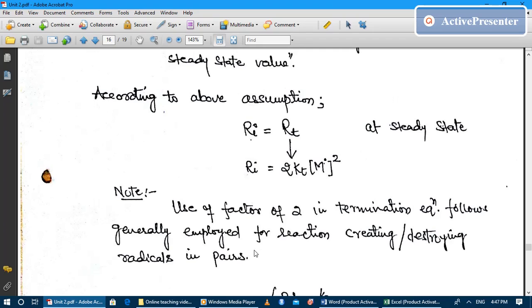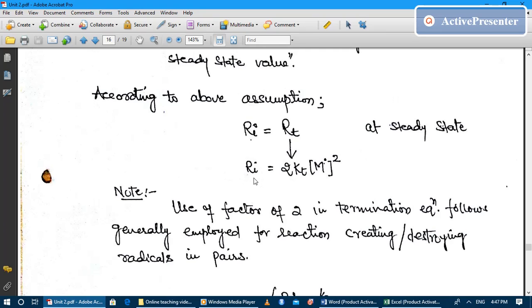As we have seen, the free radicals will be formed in pair and destroyed during the termination reaction in pair. So the factor of 2 has been employed here.